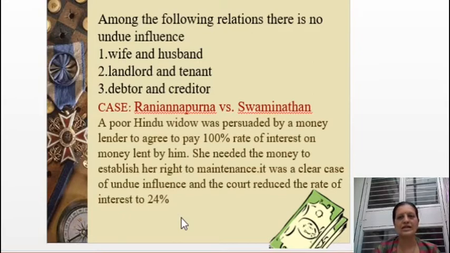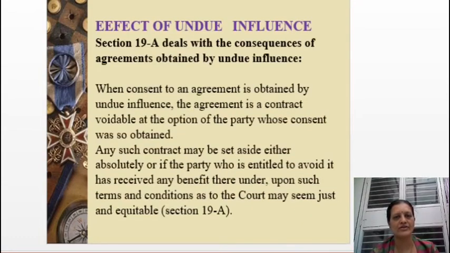So it was a clear case of undue influence and the court reduced the rate of interest to 24%. So 100% was an exorbitant rate of interest.